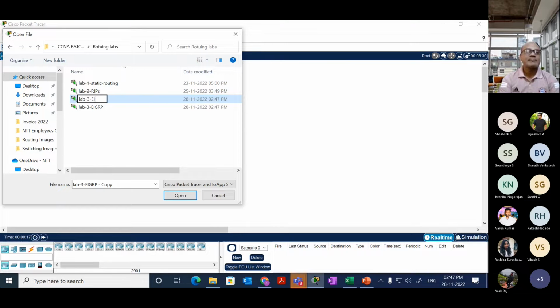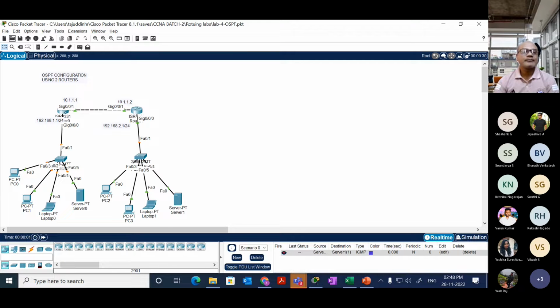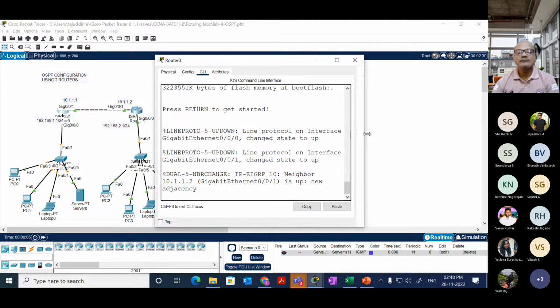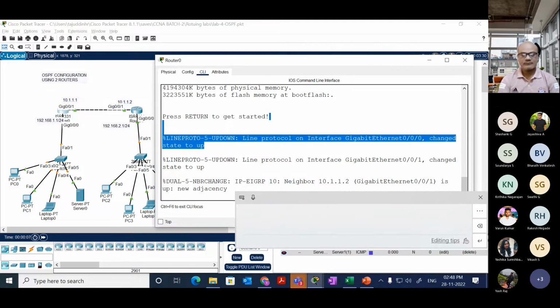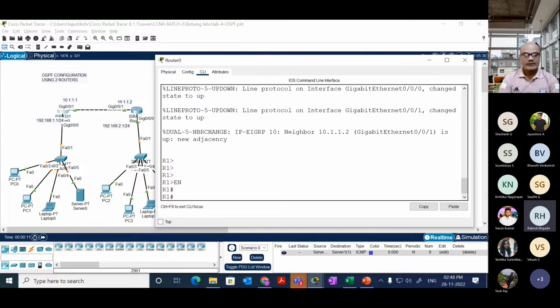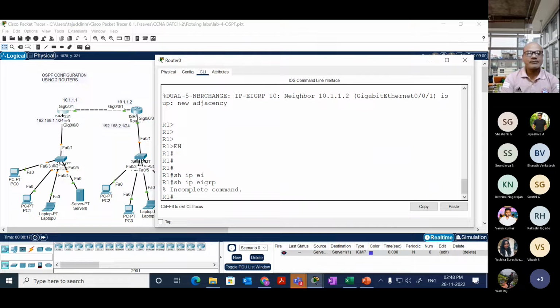This is for OSPF. Is it okay, right? Yes. Let's open this. I think here it's running EIGRP, right? Yes.